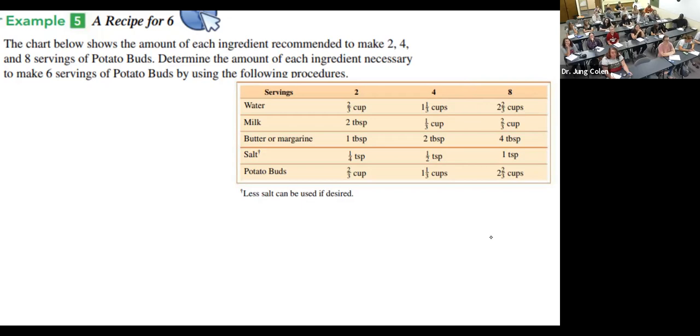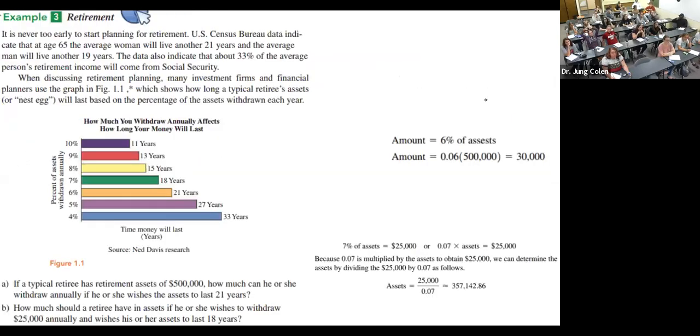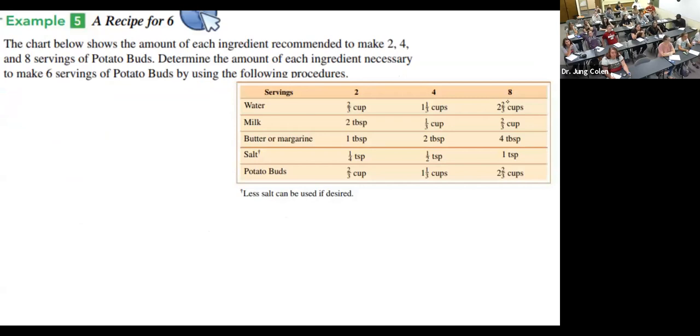And I want you to consider how you can find 6 servings in more than 2 ways. Okay, talk with your neighbor about those 2 different strategies. You can find 6 servings using only this table. Okay, there should be a lot of different ways. So come up with at least 2 different ways, and you can always do more.